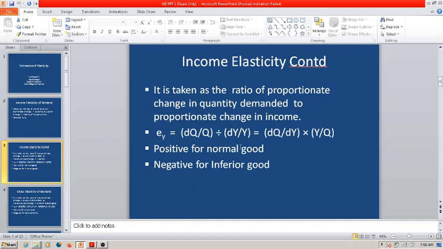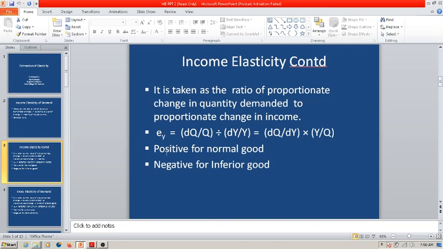So both the income and the quantity demanded move in the same direction. Similarly, if there is a fall in income, the quantity demanded of the normal good will go down. Here also they move in the same direction. So in that case, if you compute the income elasticity of demand, it will be a positive one.